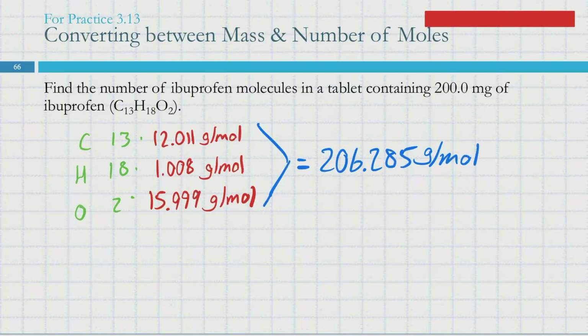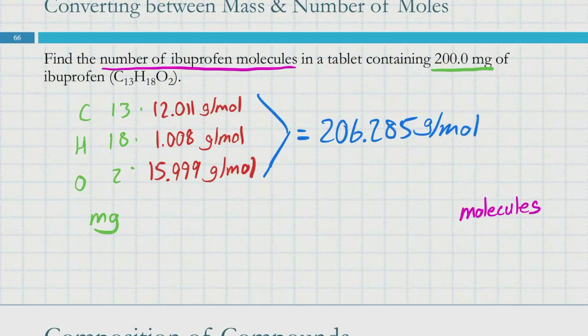This is a conversion factor that we're going to need, our molar mass. What are we starting with in this problem? What's our starting thing, our given? 200 milligrams. And what are we trying to find? The number of ibuprofen molecules. So we're going from milligrams to molecules. So from milligrams, what could we convert milligrams into?